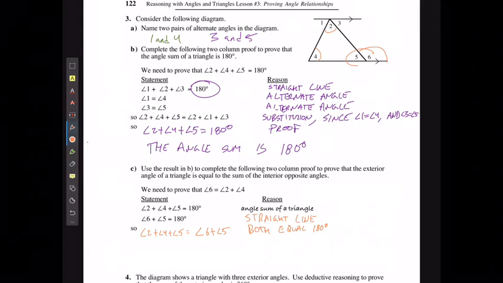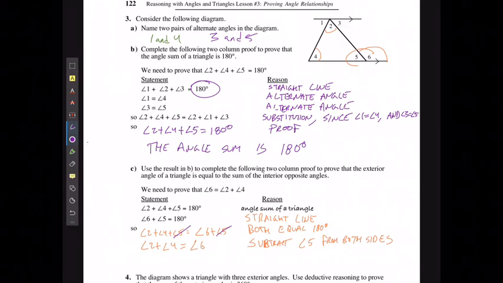And finally, if I subtract angle 5 from both sides, the equation is still going to balance out to angle 2 plus angle 4 is equal to angle 6. Because if I subtract the same value from both sides, the equation is still balancing.